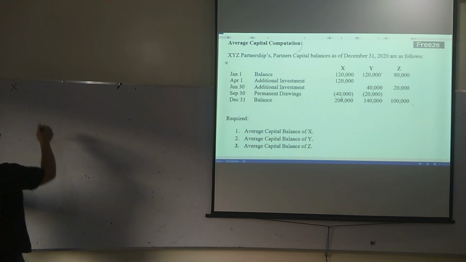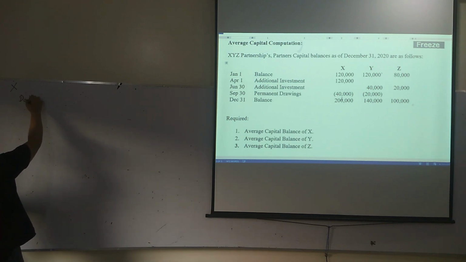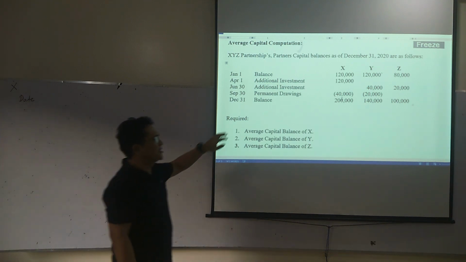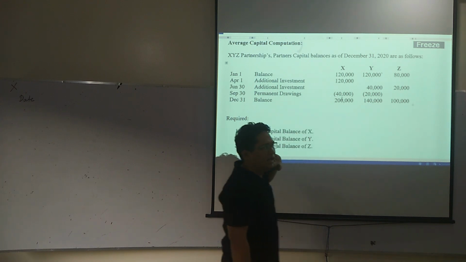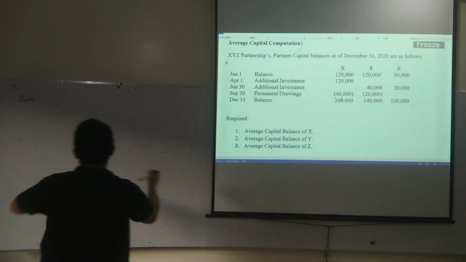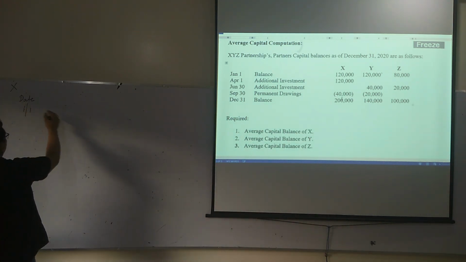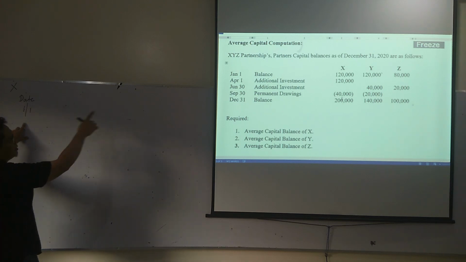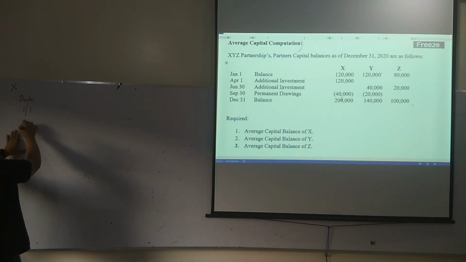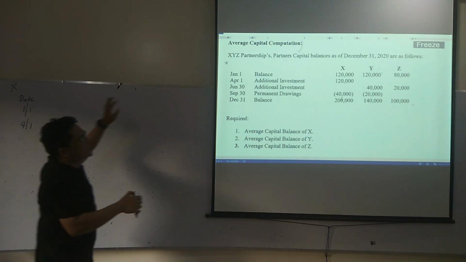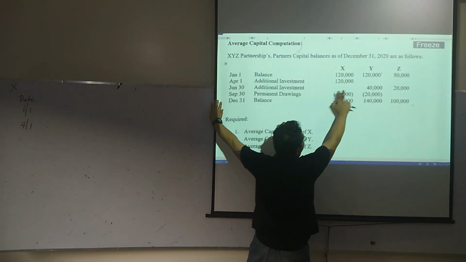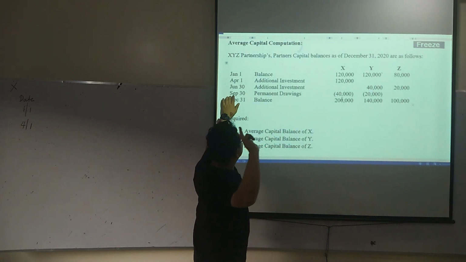So for X, we will just write down all the days where X's capital has changes. Let's start with January 1. Then we have a change on April 1. June 30, X is not affected, so we skip that.